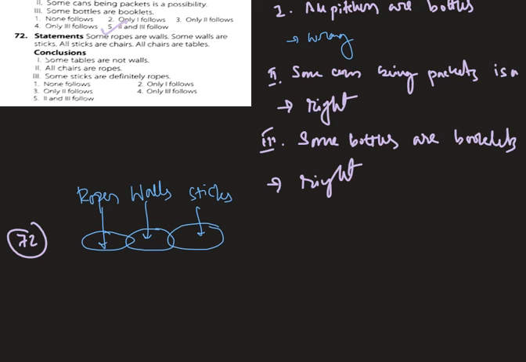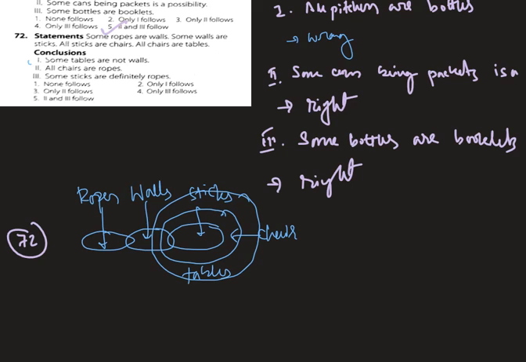All sticks are chairs. All chairs are tables. So this is the required diagram for these statements.